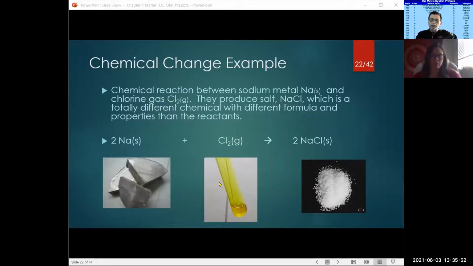So if you live by a water treatment plant and you ever see a yellowish green cloud coming at you, get out of there quickly. They've got a gas leak. Okay. Those two react. So you've got sodium on the left there, and then chlorine, plus the arrow, to produce sodium chloride, which is a solid. And that is what we can put on French fries. Okay.